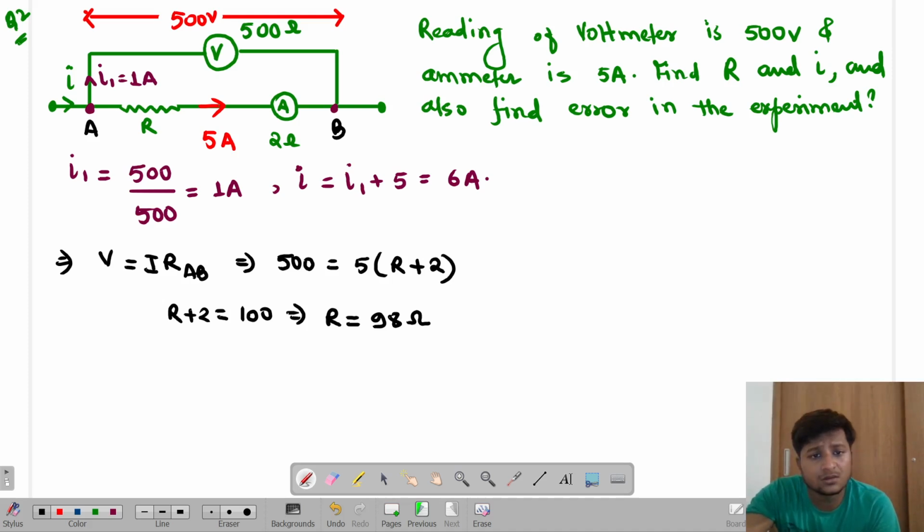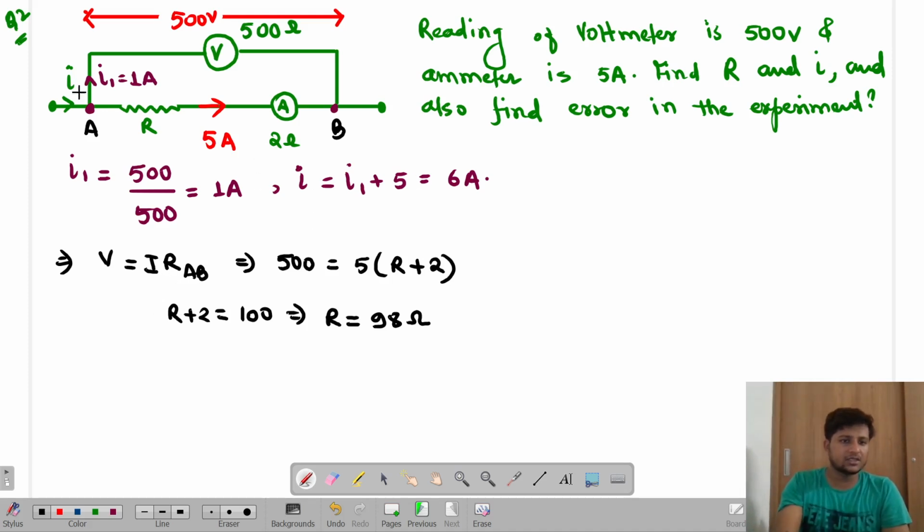Yes, so I means current now. Here the current is how much? 5 amperes or not? Yes, so I means current only now.